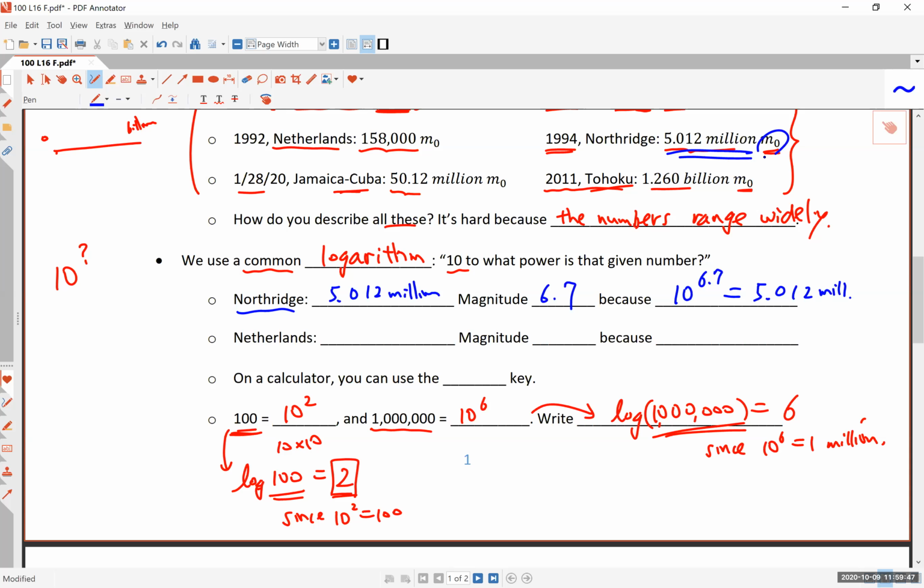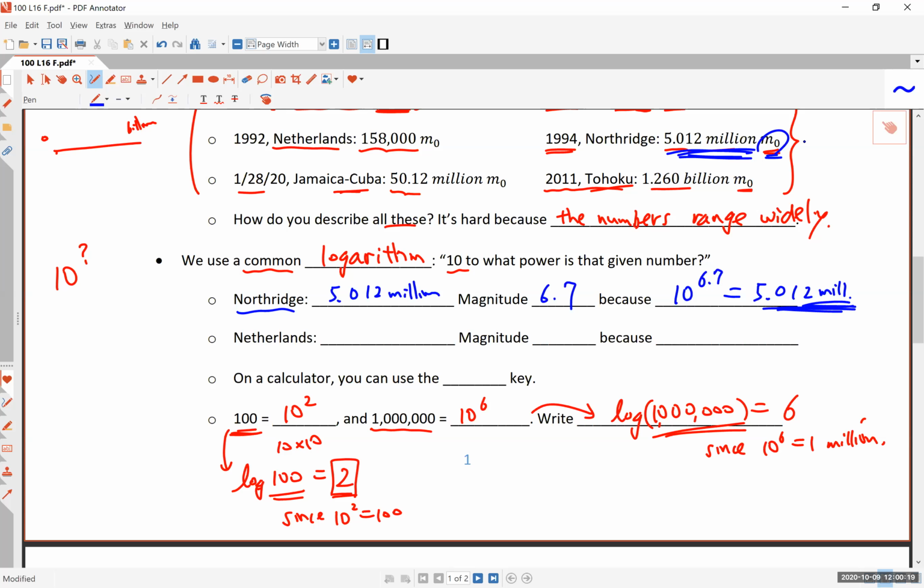All right, so here's what they do. They measure the intensity of the energy released by that earthquake, and then they take the common logarithm of it, which means, 10 to what power is this number? This number times mu naught is the energy level released by the earthquake, and that number, the exponent, becomes your magnitude.